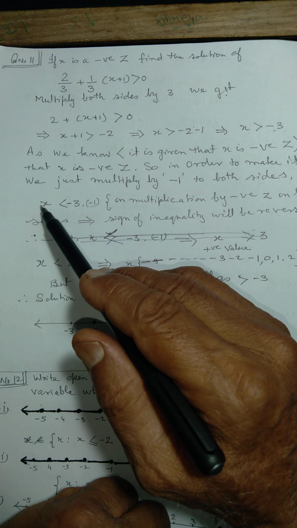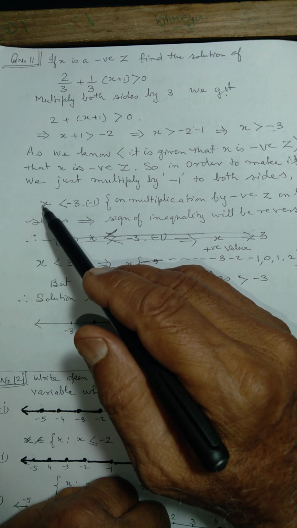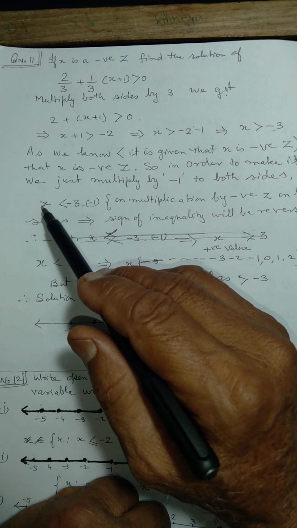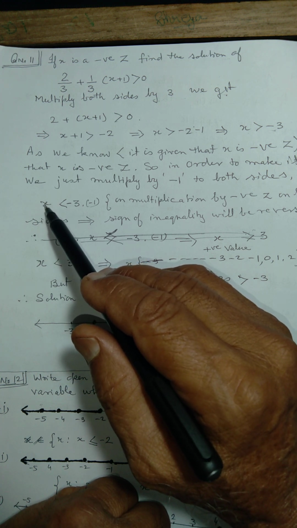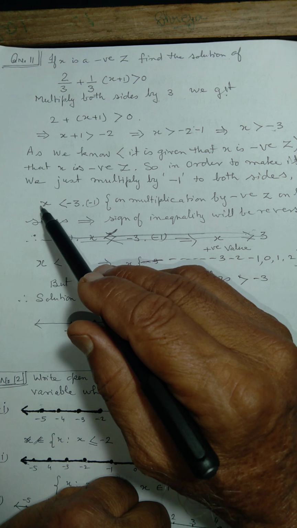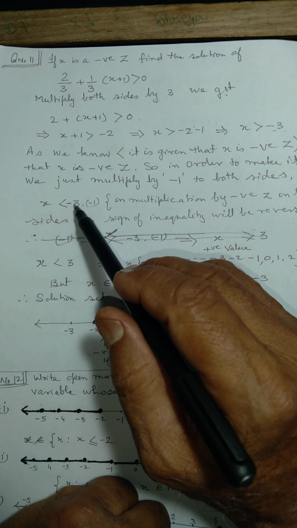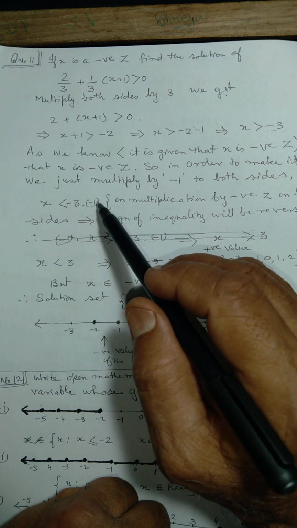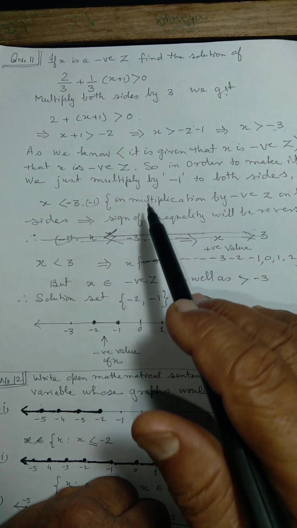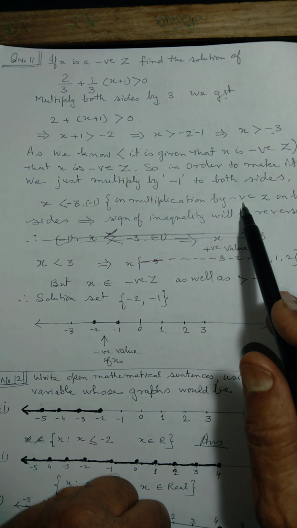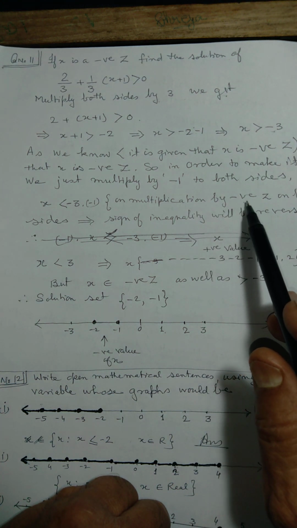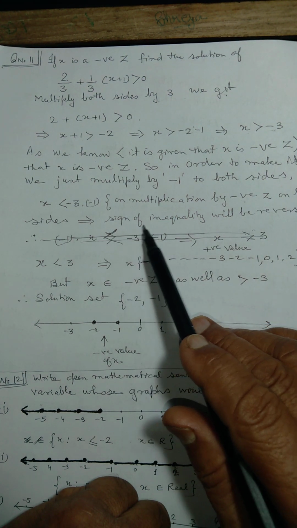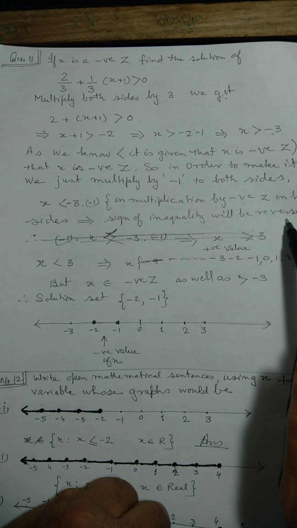Once we multiply by minus 1, minus into minus will become plus. So on multiplication by negative integers on both sides, the sign of inequality will be reversed.